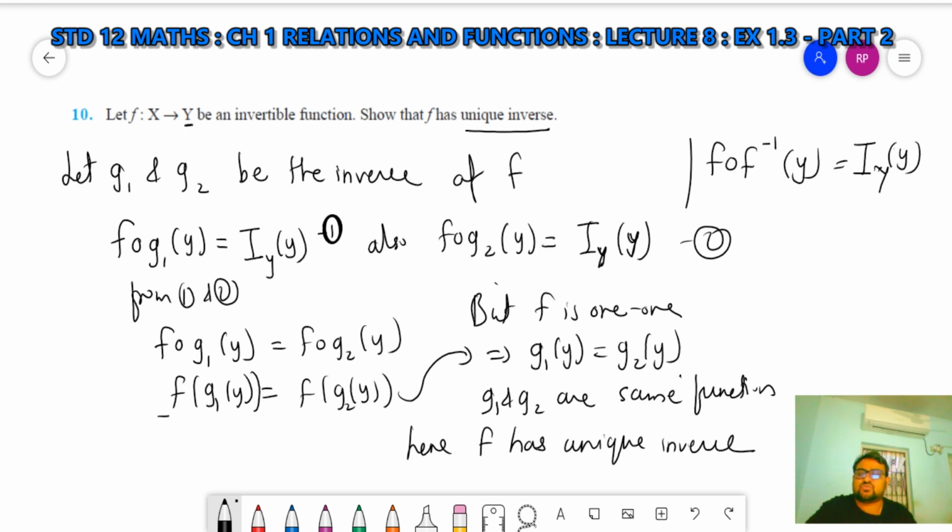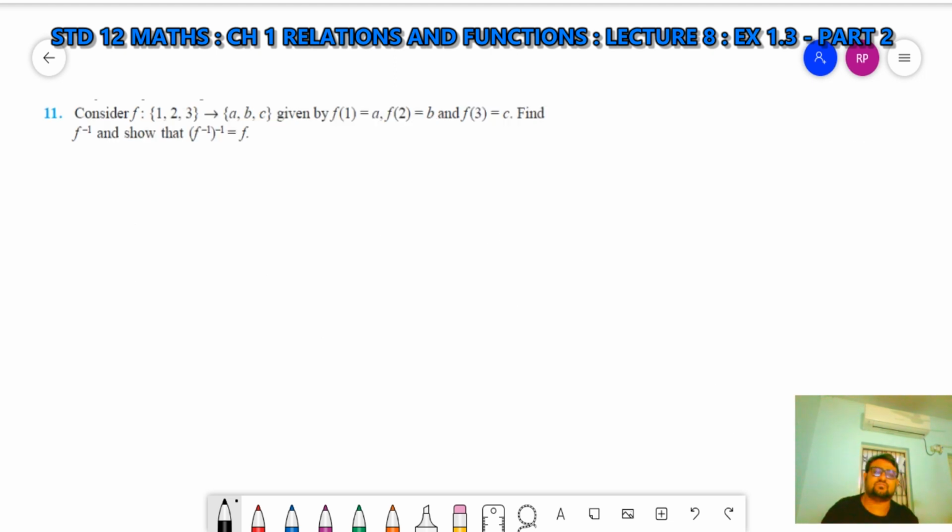Now let's move to the next one. Question 11: consider f from {1, 2, 3} to {A, B, C}. So this is the domain and this is the codomain. Given by f of 1 equal to A, f of 2 equal to B and f of 3 equal to C. Find f inverse and show that (f inverse) inverse is equal to f.